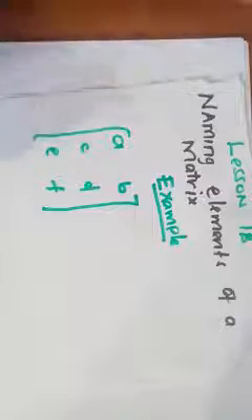We can name the elements that make up a matrix by simply stating the number of the row followed by the column. Let's look at an example. Let's consider a matrix with elements A, B, C, D, E, F, respectively.